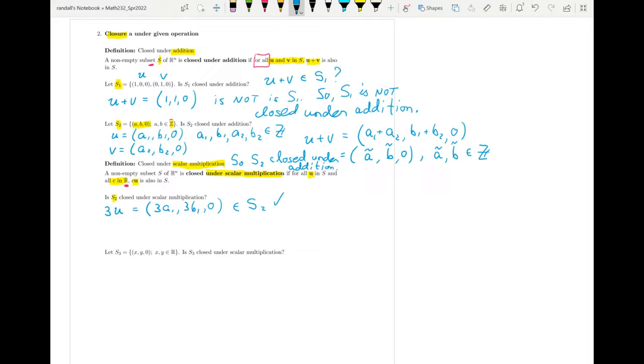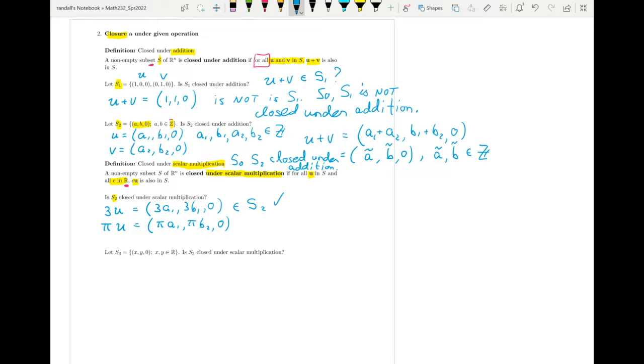Okay, but that's not enough to prove that it's closed. Remember, you have to prove that it's going to be closed under any choice of scalar and any choice of vector u. Here my vector u is arbitrary. So you can think of it as being any of the vectors in S2, but my scalar wasn't arbitrary, and that's the key here. So I'm going to pick another scalar, pi. How about that? So pi times u is going to be pi times a1, pi times b1, and 0.